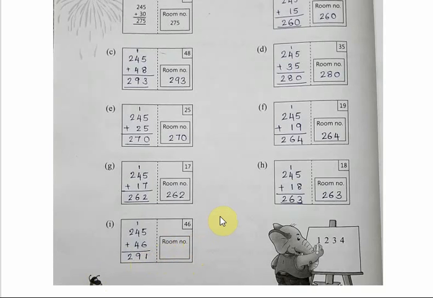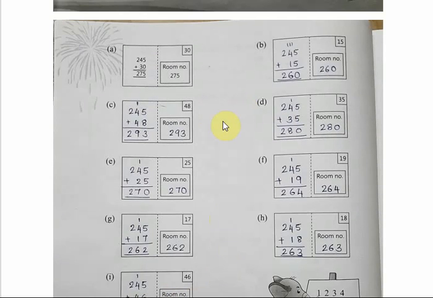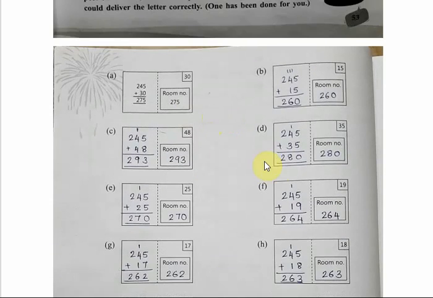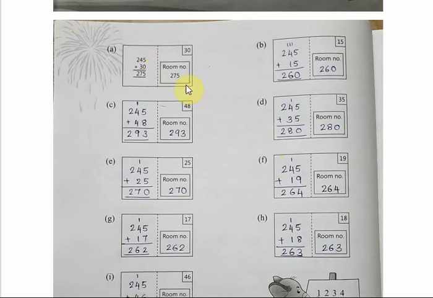So we have got all the room numbers. So let us check how many room numbers are there. First letter should be delivered in room number 275. Second letter should be delivered in room number 260. Third letter in room number 293. Fourth letter belongs to which room? It is 280. And what is the next room number?